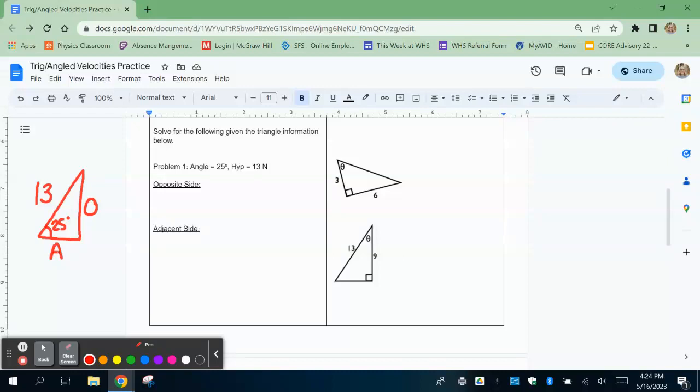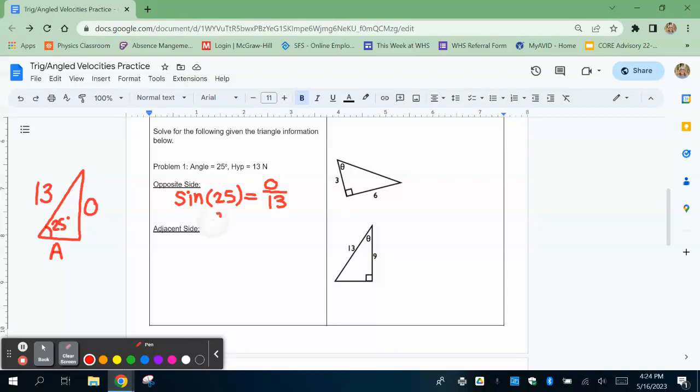So how do we use these trig equations to help us solve these? We have to think about what we're given. Here we know our angle and our hypotenuse. If we're looking for our opposite side, we need to use sine because sine uses opposite and hypotenuse. So sine of our angle, 25, is equal to opposite divided by hypotenuse, which is 13.